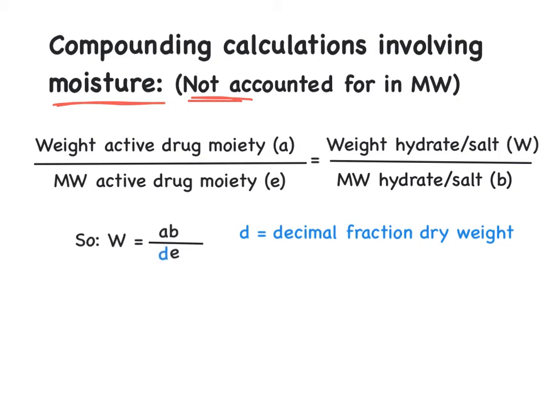So if you were to have something with no moisture present, which is what we've been using in our previous examples, D would be equal to 1. So if D equals 1, that means there's no moisture. However, sometimes you'll see on a certificate of analysis that the powder contains X% moisture.